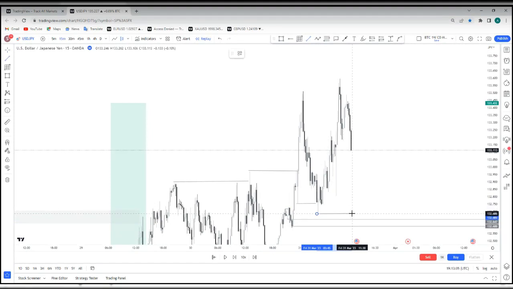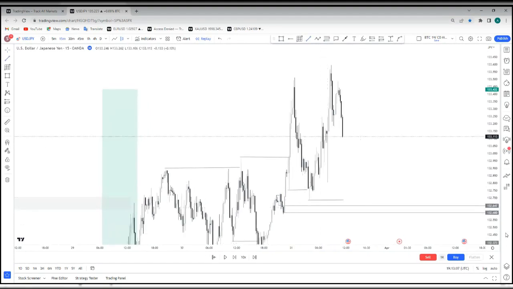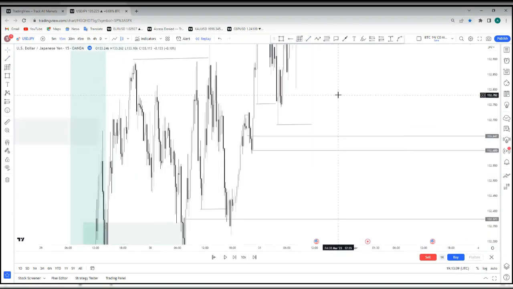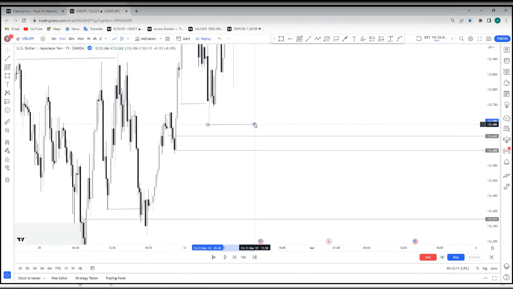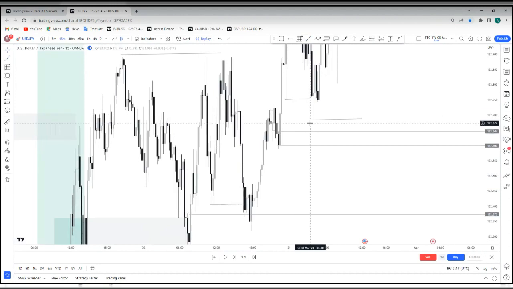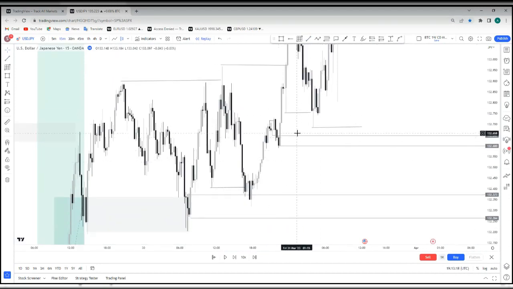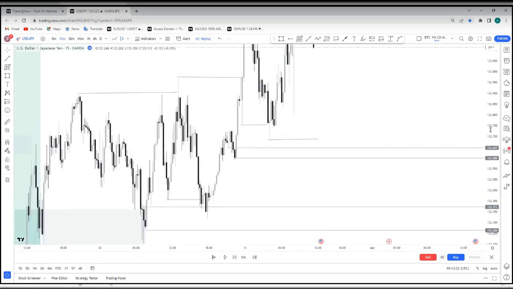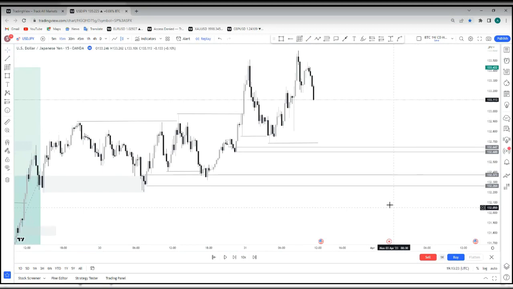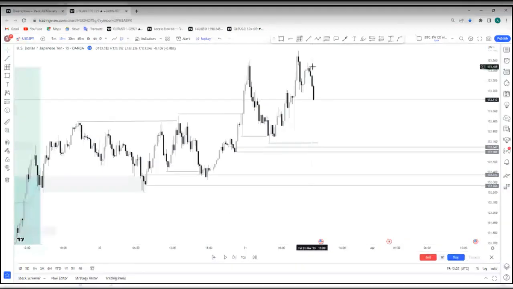For this what? For this demand, for this proper demand. Sometimes if price uses a breaker block, just know that the place that mitigated the breaker block is going to turn to inducement for this proper demand. When price is coming back for it, it is going to turn to inducement. Now price has broken this structure. After price broke this structure, look at this higher high, higher low.